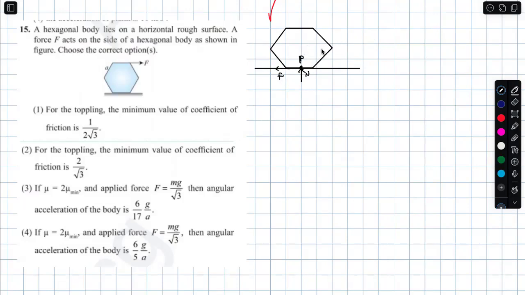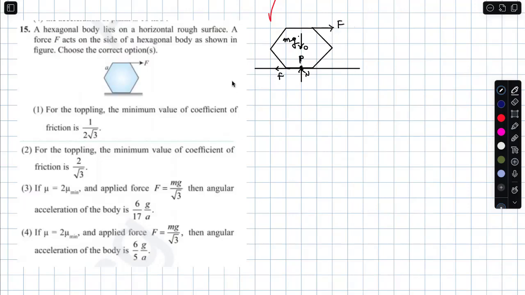And this is the geometric center O of that body. Because there is no space, I am writing the force through O like this, mg. And you are applying force F.